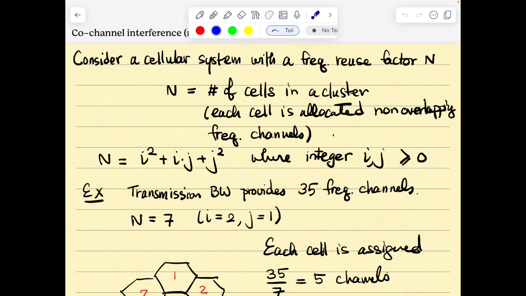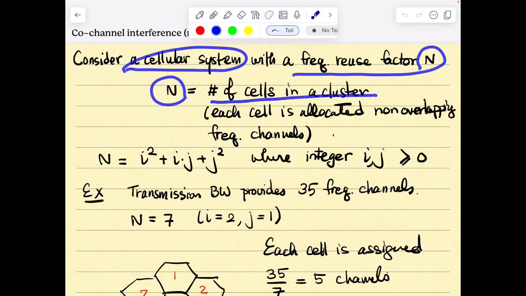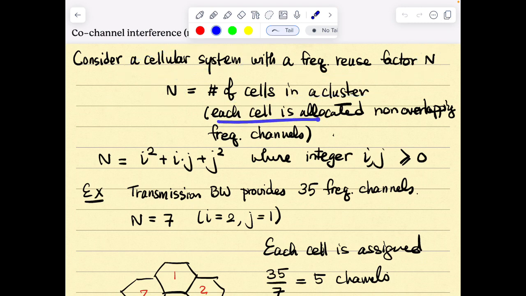Let's consider a cellular system with frequency reuse factor of n. Remember, n is the number of cells in a cluster. Each cell will be allocated non-overlapping frequency channels, so all these n cells will not interfere with one another. So what is the frequency reuse factor?